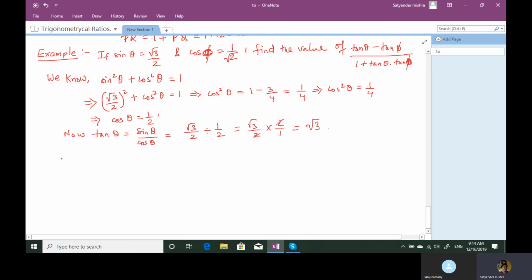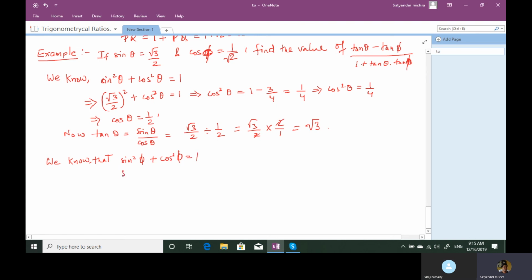Now we need to find out tan phi, right? And here cos phi is given. We know that sin square phi plus cos square phi is equal to 1.